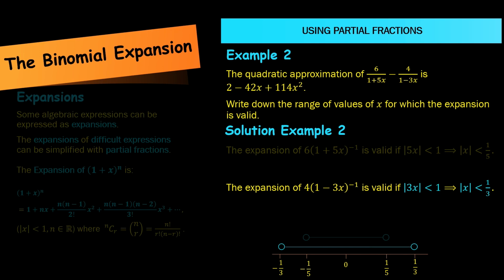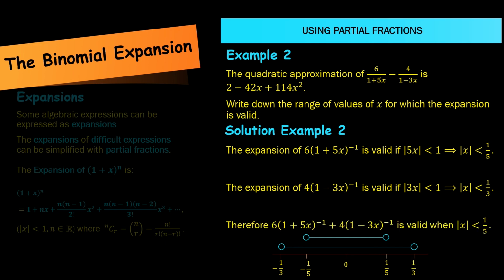Diagrammatically, this can be represented as shown on your screen. So in order for both inequalities to be satisfied, x must lie in the range of both of these lines. So in particular, mod x must be less than 1 over 5.